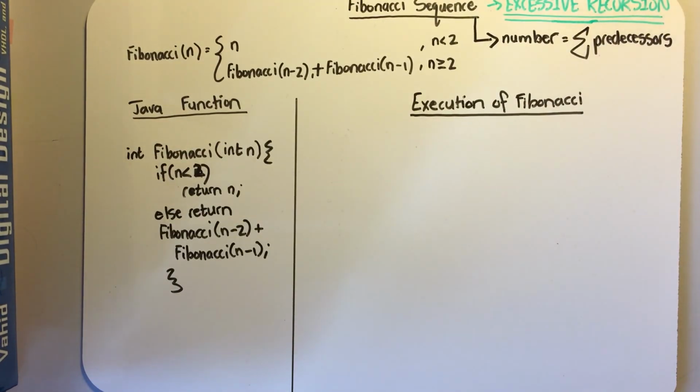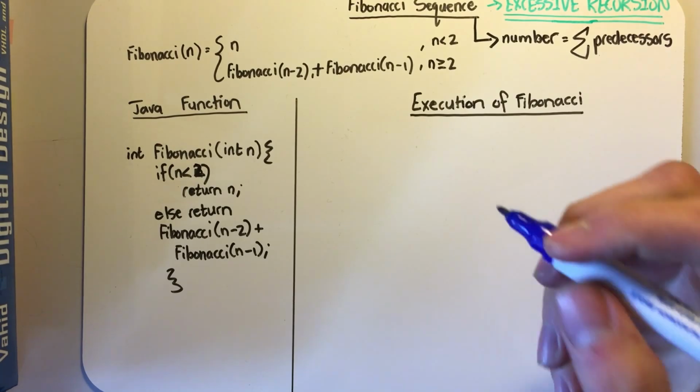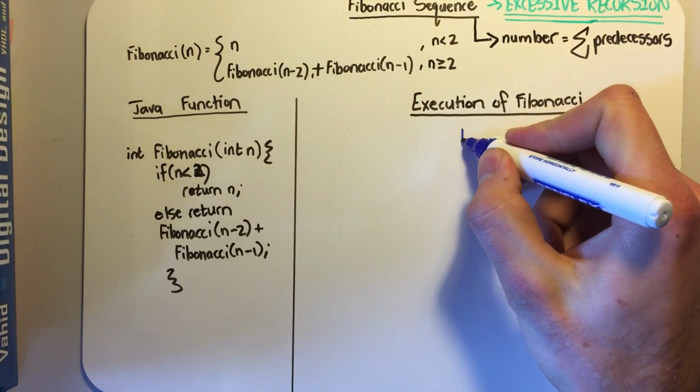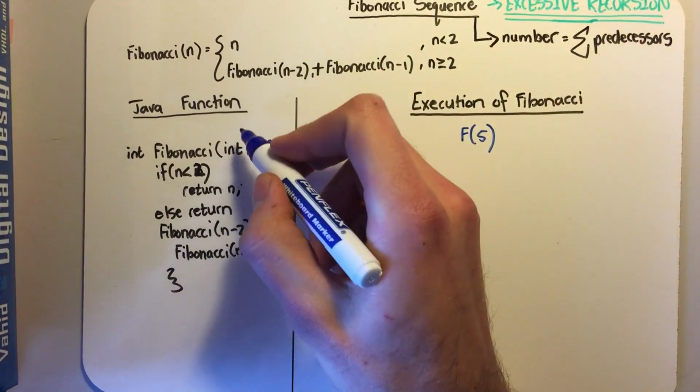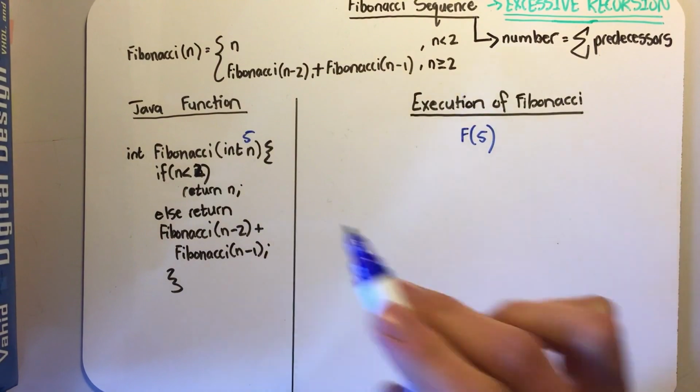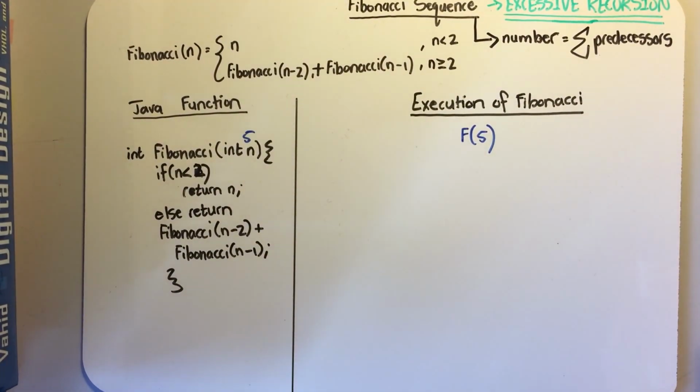Okay, so how can we show this in an execution sort of format? Just get my pens. Okay, so if I call it with the number, let's say 5, so I'm putting the number 5 into n there. So what happens?